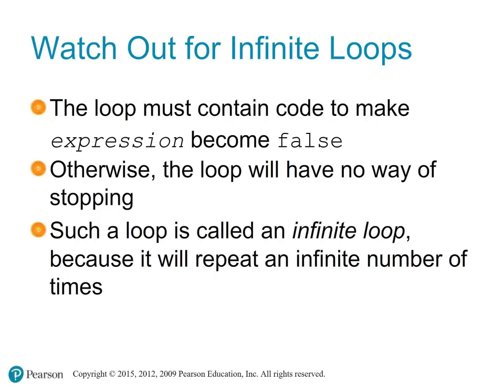A loop that has no way of stopping is called an infinite loop. It will execute indefinitely, potentially causing the program to hang or crash. For example, forgetting to update the loop control variable, or logical errors in the loop condition, can all cause an infinite loop.